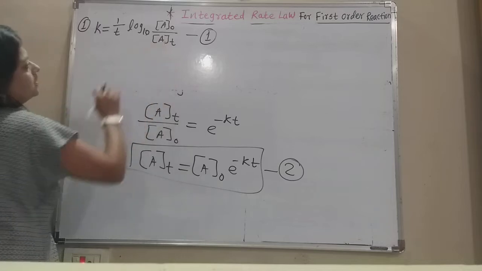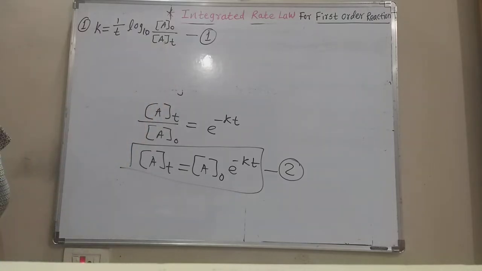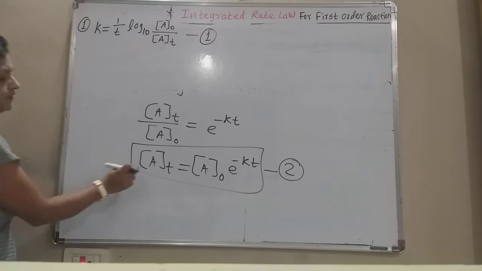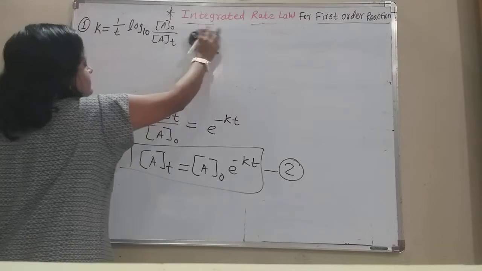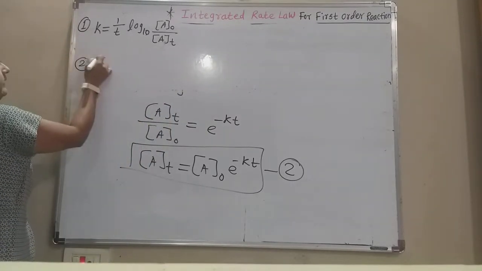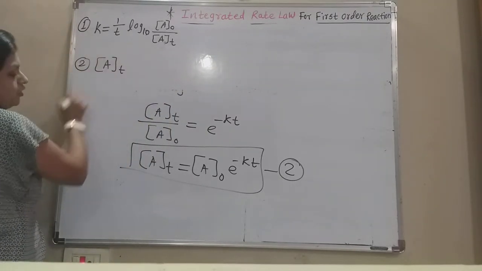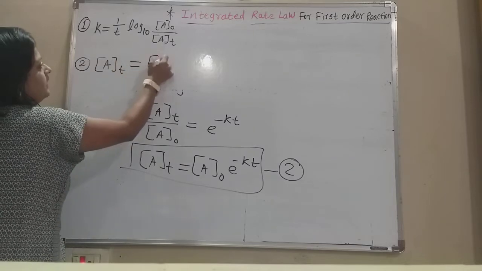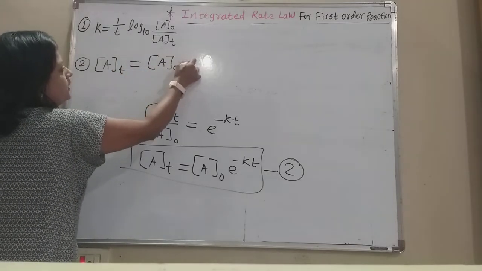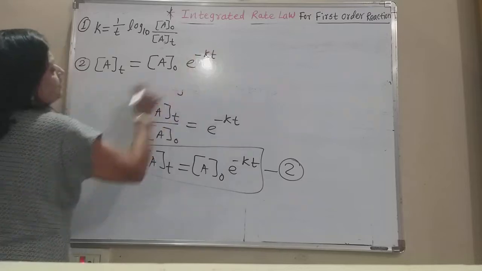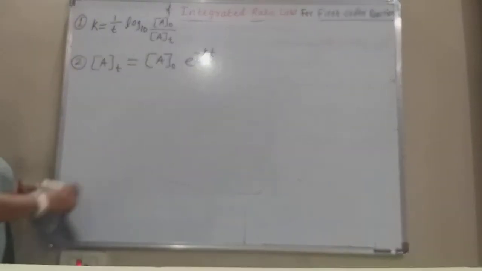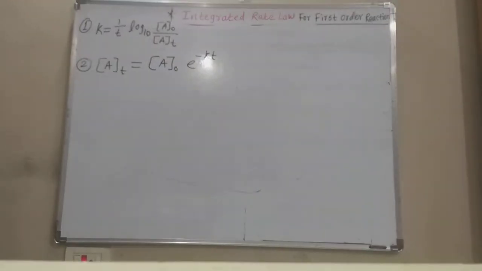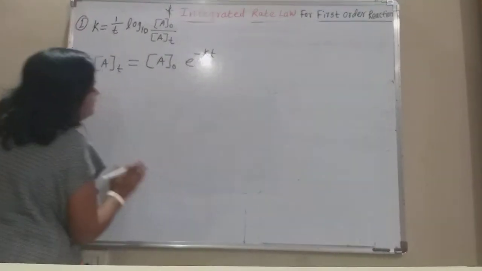Now come to the second form of the integrated rate law. Now see what the second form is. This is the second form of the integrated rate law: the concentration of A at time t is equal to A0 into e raised to minus kt. Now in another notation, suppose small a is the initial concentration.